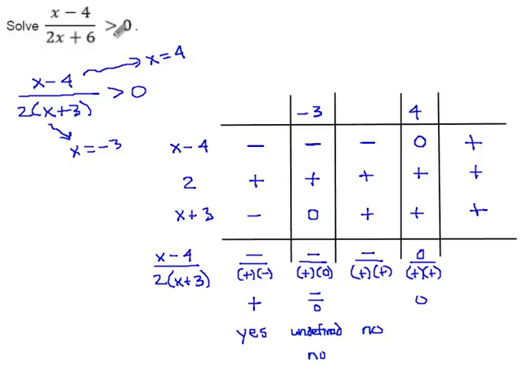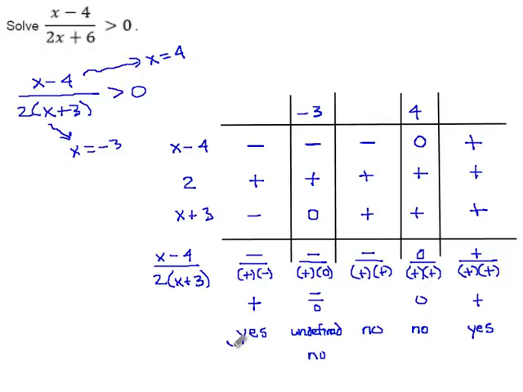Is 0 greater than 0? Nope, that's not in our solution space either. And for the last part, we get a positive value over a positive times another positive. Overall, the expression's positive there. If it's positive, is it greater than 0? Yeah, it is.